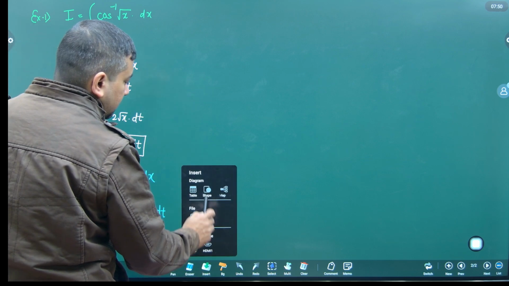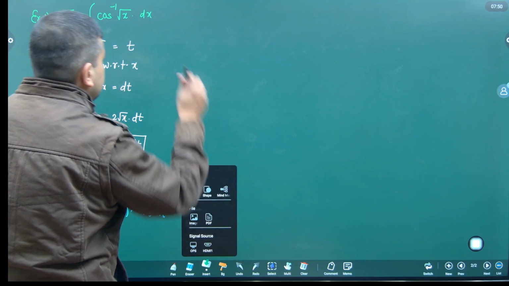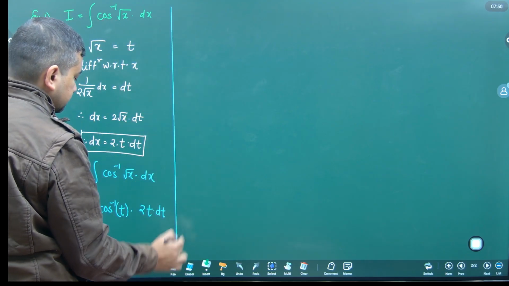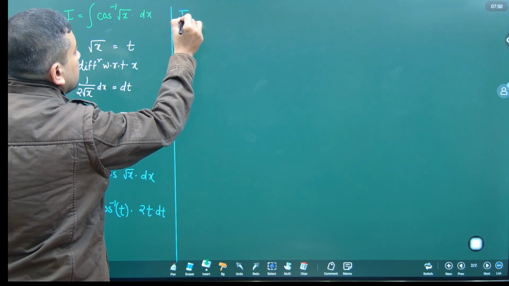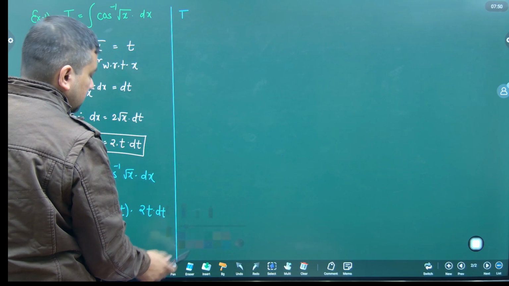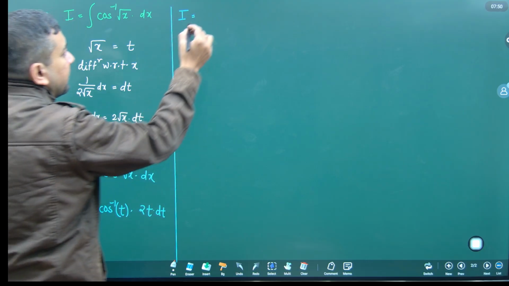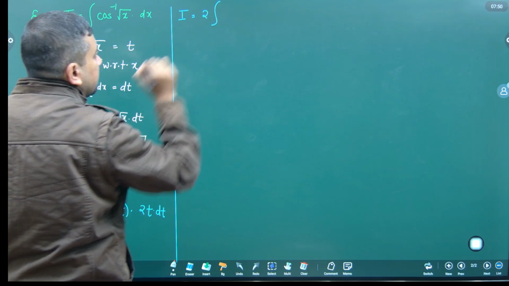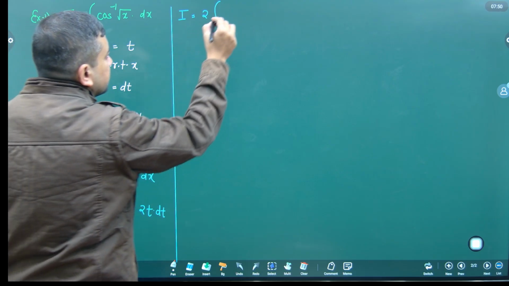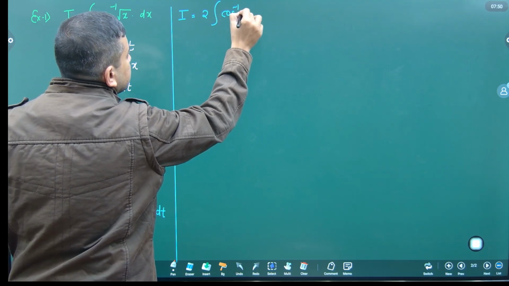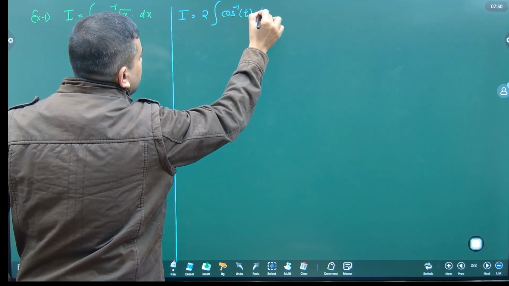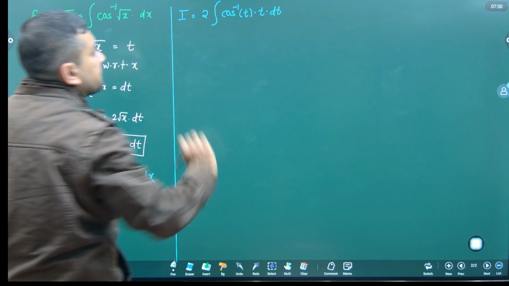Now how will you find the integral of this? See here, so we need to solve what? I is equal to, I am taking this 2 outside, and in the bracket it is cos inverse t into t into dt. Correct?